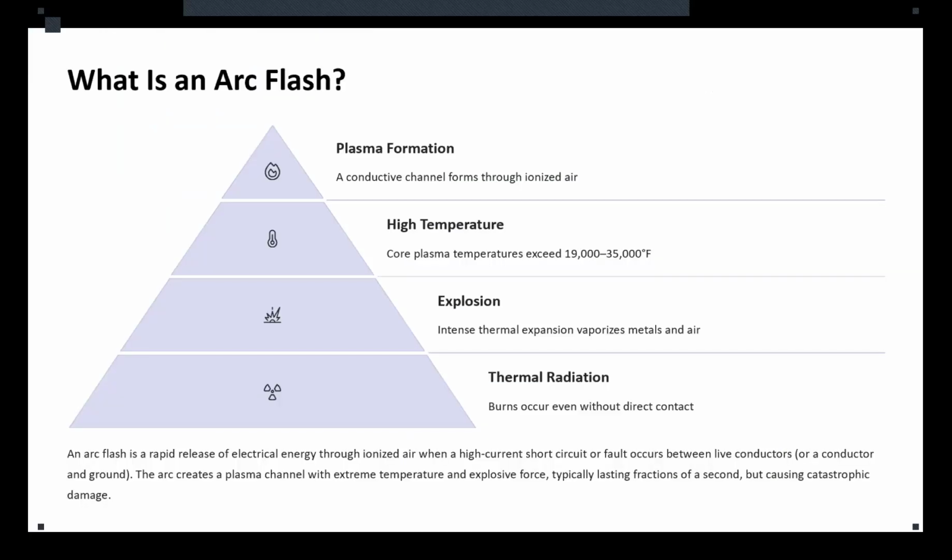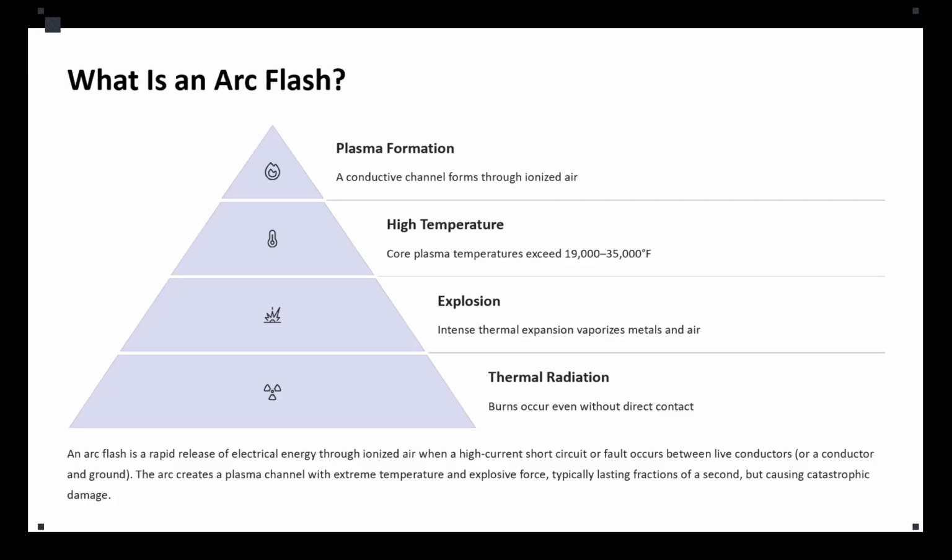Now, we talked about the standard, but let's step back and define what an arc flash is. An arc flash is not just a spark. It's a violent, high energy event, a rapid release of electrical energy caused by an unintentional short circuit through the air.